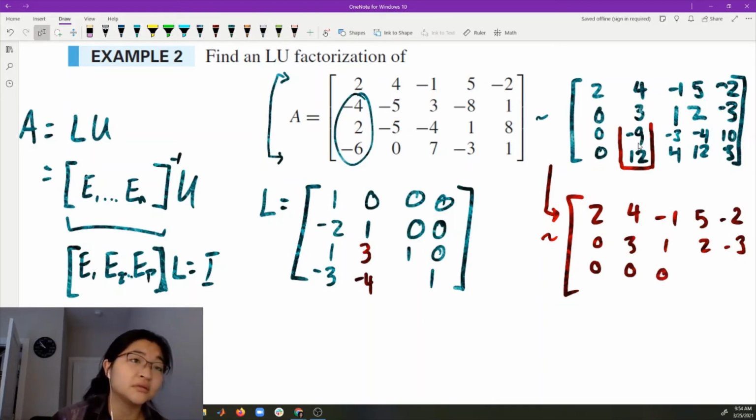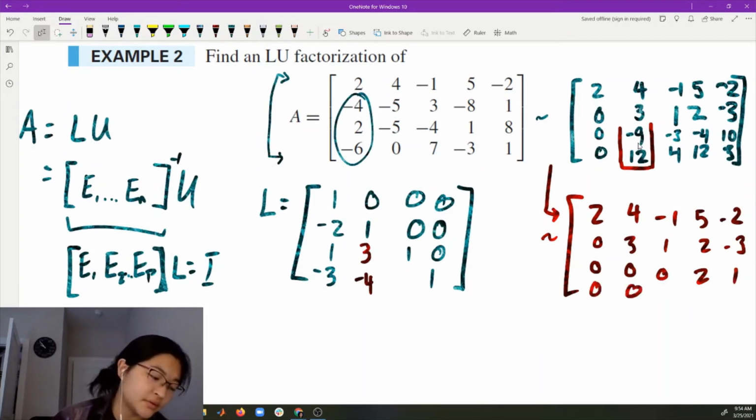Oh, that's 0. This will give us 2 and 1, and then 0, 0, 0, and then 4 and 7.